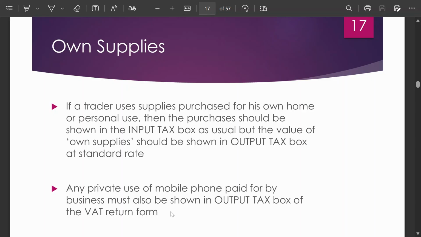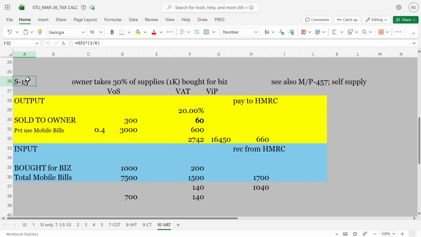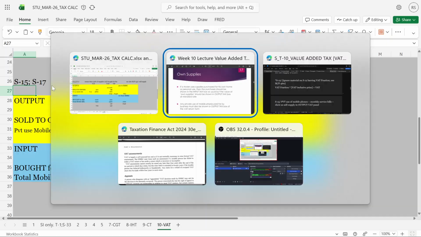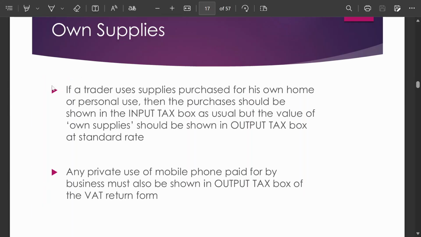And remember, mobile phone bill is for the service, right? So trader supplies, own goods, all these examples I have shown you already, slide 15, slide 17. Slide 16 is a different thing.